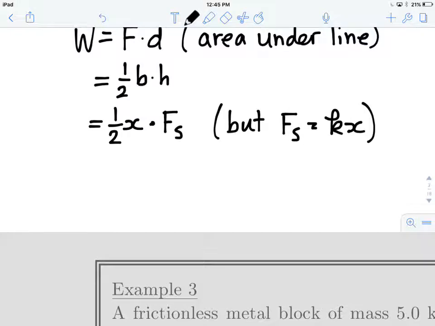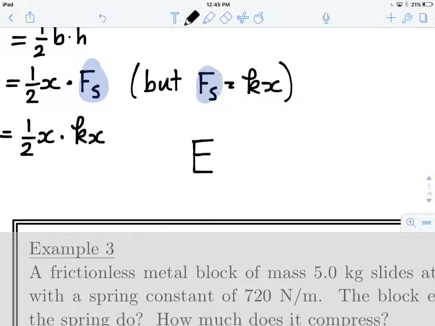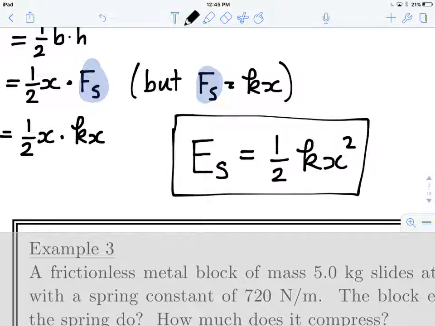So we can make this substitution right here, and we can say that the work is equal to 1/2 x times kx. And if we rearrange this, we arrive at elastic potential energy. The energy stored in a spring is 1/2 kx squared. And this will be the formula that we will now go on to use whenever we're talking about the energy that's stored in a spring due to its extension or due to its compression.